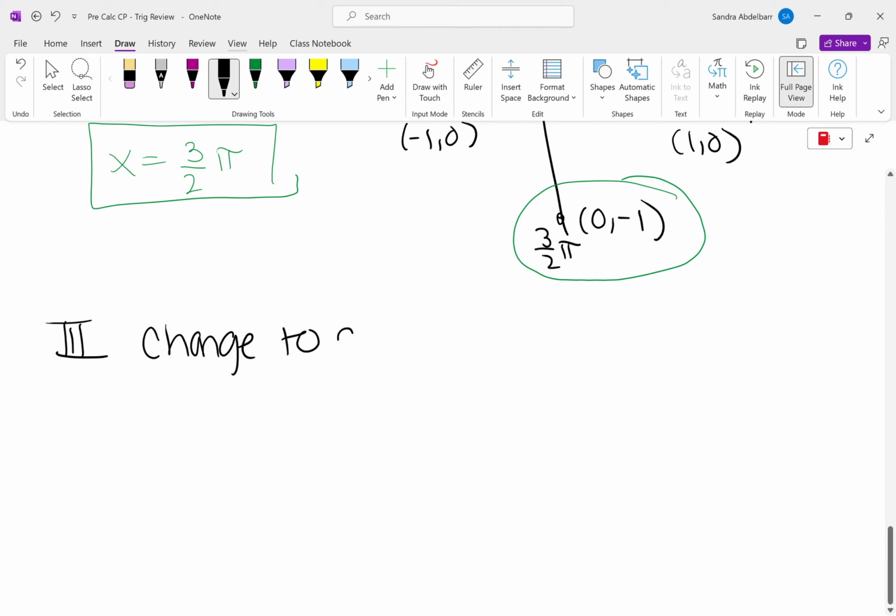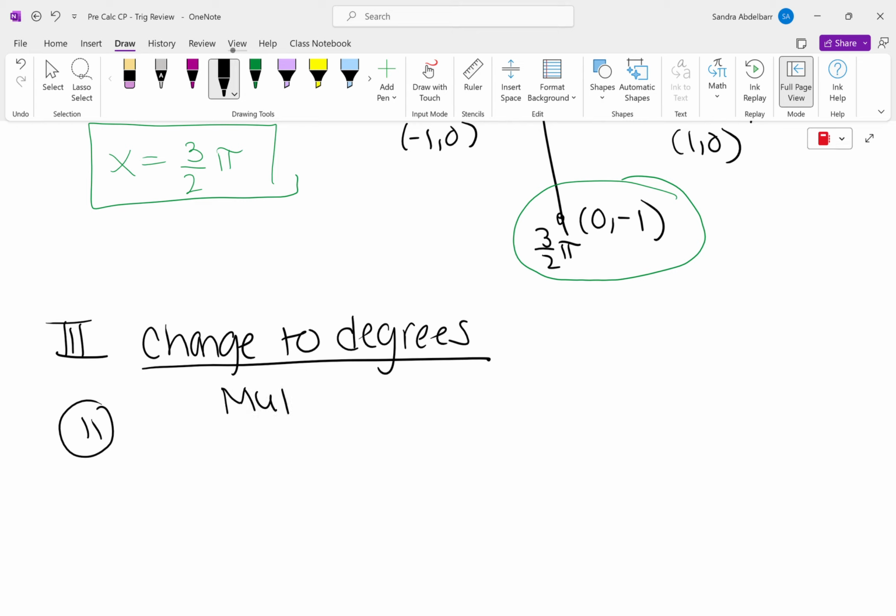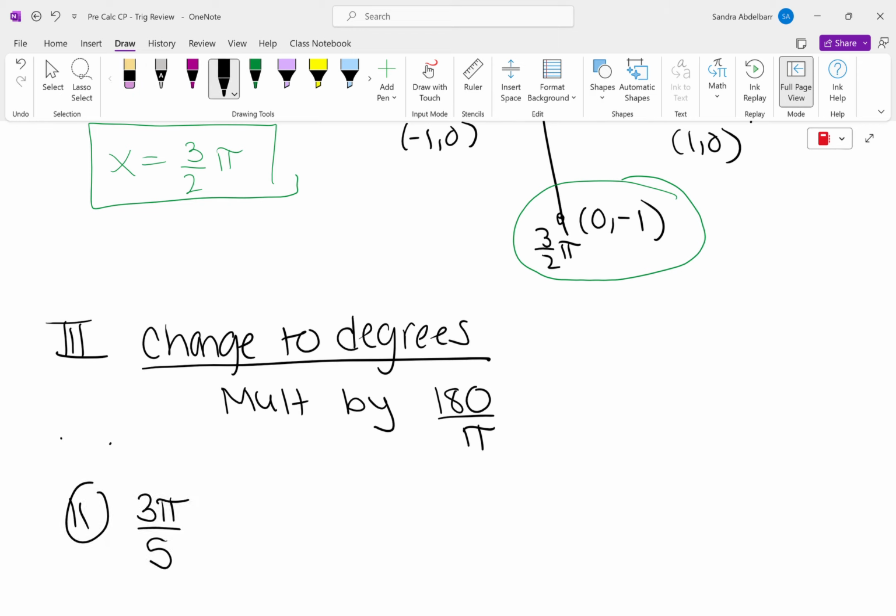All right, part 3, we're changing to degrees. I'll do number 11. When we change to degrees, we're multiplying by 180 over pi. So we have 3 pi over 5, and I'm going to multiply by 180 over pi.